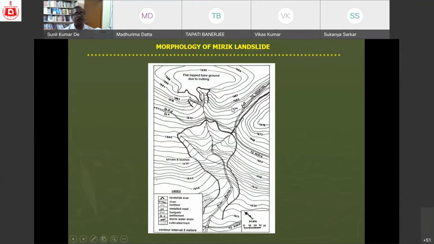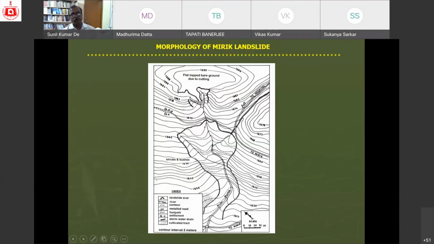Now what happened? One chute means small streams. Two chutes from two sides are coming. And they have percolated downside, suddenly it is vanished. And it was carrying a huge amount of water during monsoon period. And the water was coming out from the middle part of this slope.